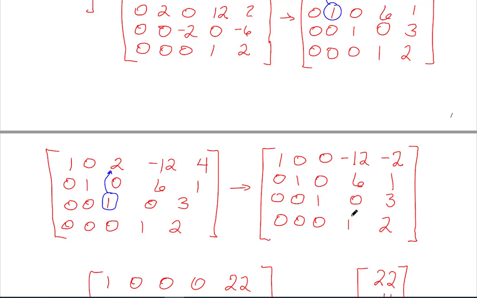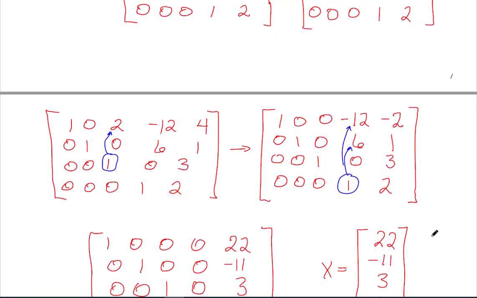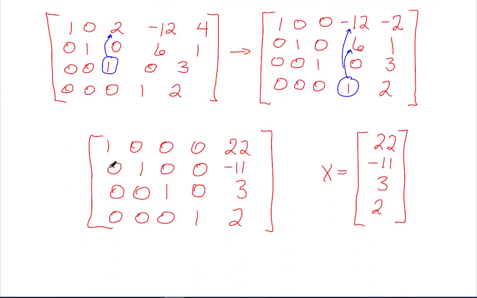And once we're there, I'll use this 1 to make a 0 there and a 0 there. And again, just grinding through all the row operations, or you can use Wolfram Alpha to row reduce it quickly. We figure out that x is 22, minus 11, 3, and 2.